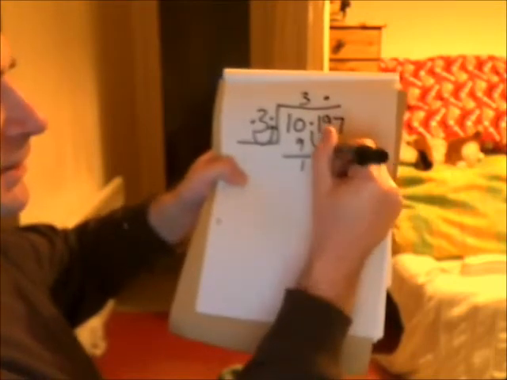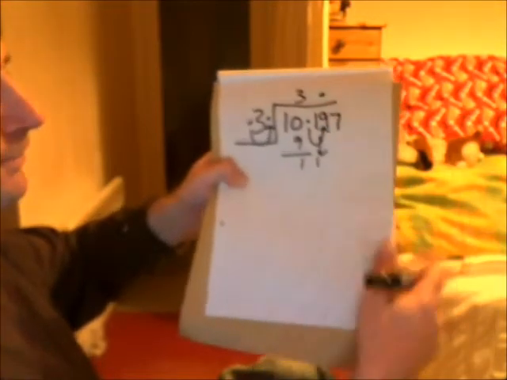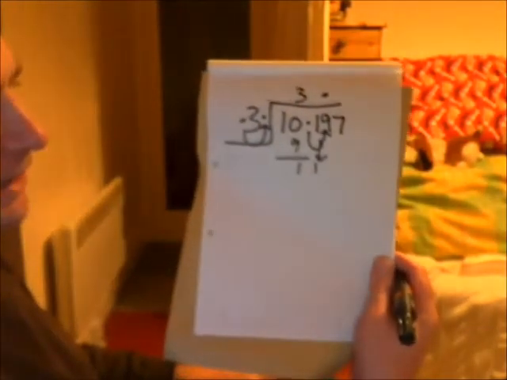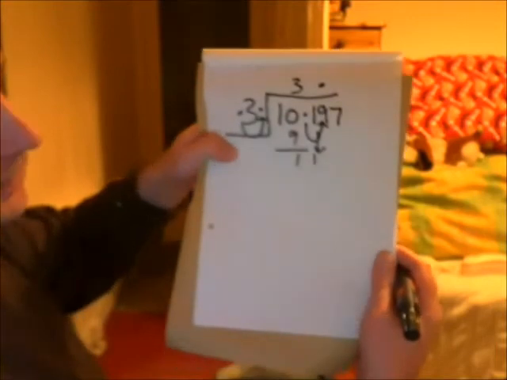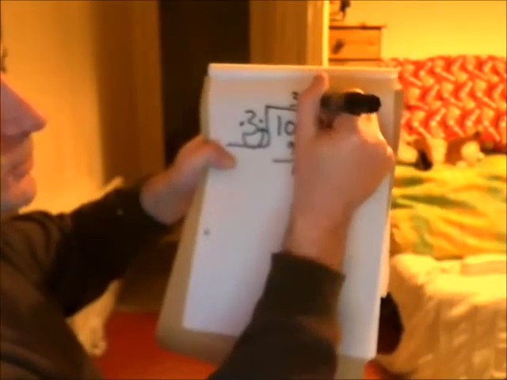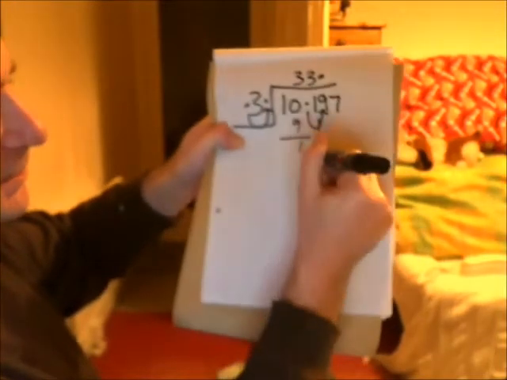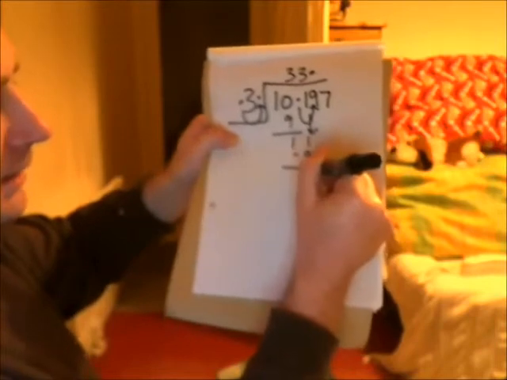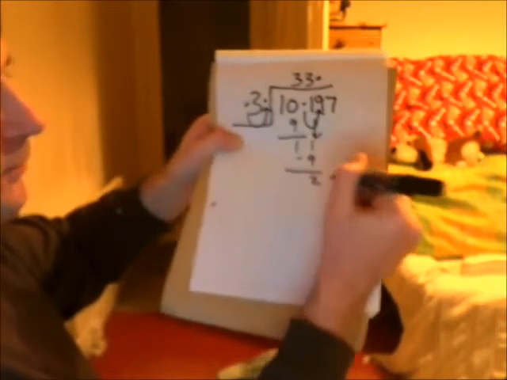We've got another number to bring down, which is 1. How many times does 3 go into 11? 3 goes into 11 3 times. It's almost 4, but not quite. 3 times 3 is 9. Take that away, and it leaves you with 2.